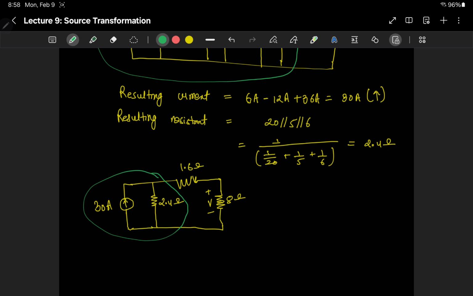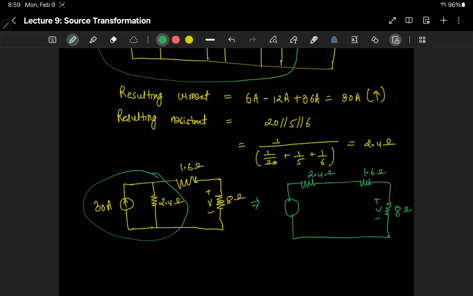Let's do that. Let's convert this into a practical voltage source. This is 8 ohm, this is the 6 volt. Converting from a practical current source to a practical voltage source, the resistance remains the same, right?